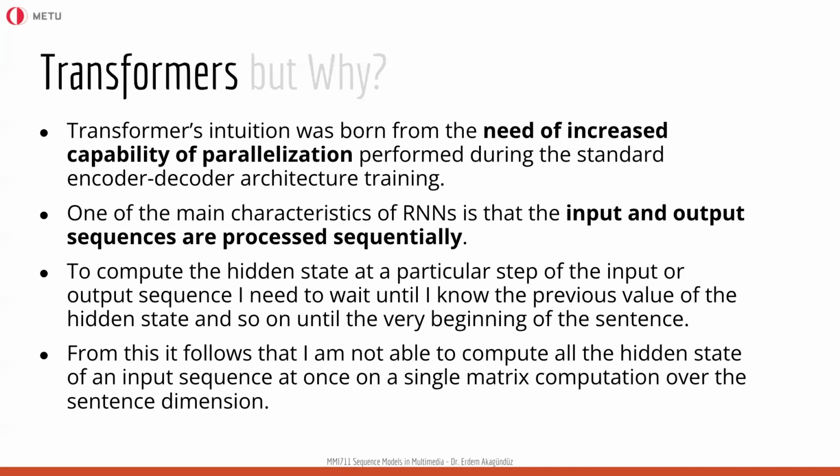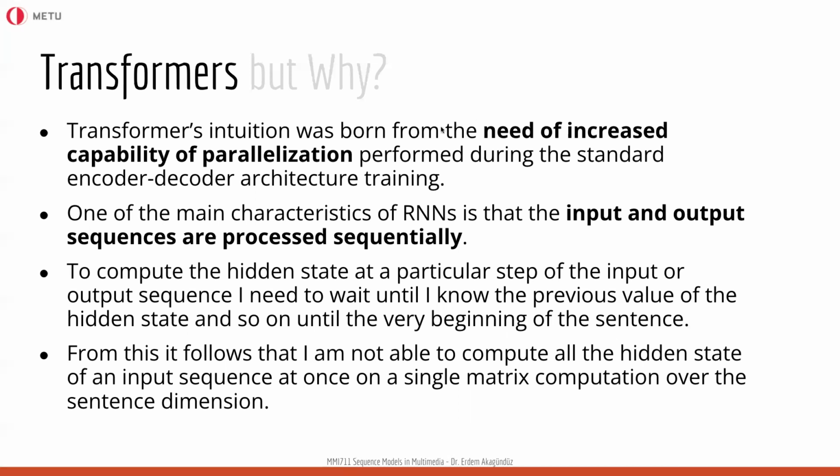This was something bad because, if it is a long sequence, it took longer to process it. And it made sense. We thought by then, we mean the scientific society, that it was something natural to do. There was no other way to do it.